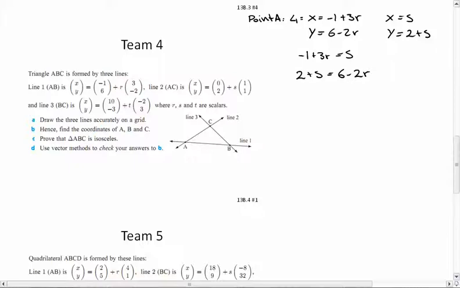Then you plug the s into the second equation, so 1 plus 3r equals 6 minus 2r. Now it's just algebra.